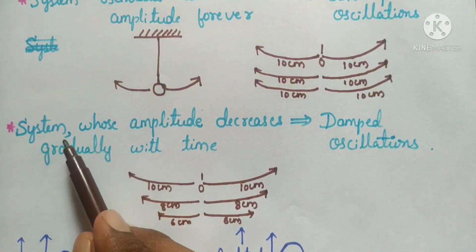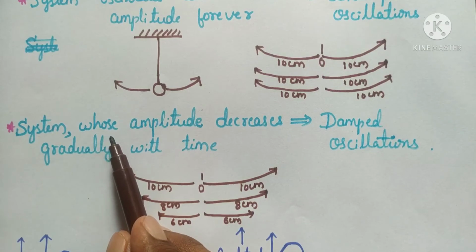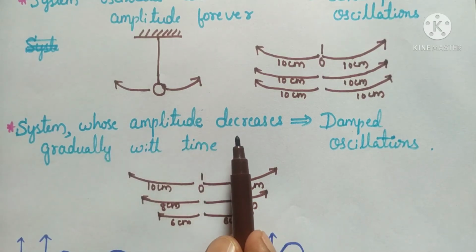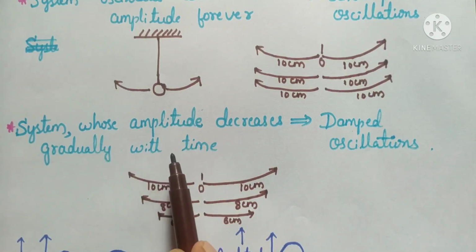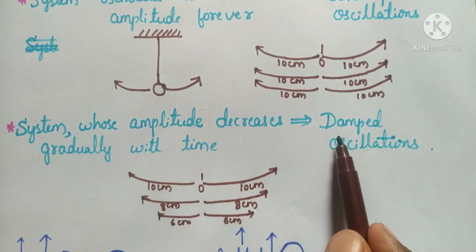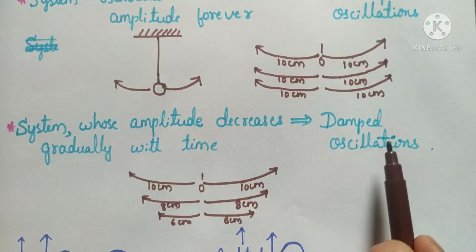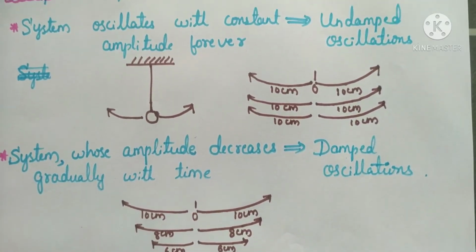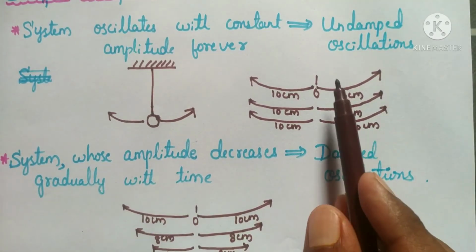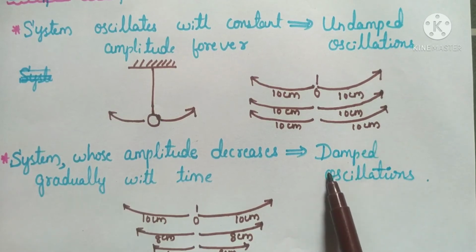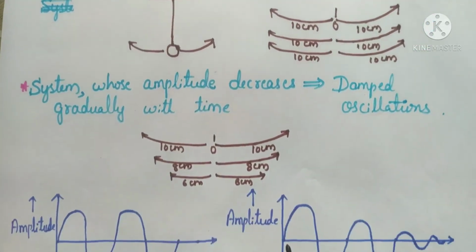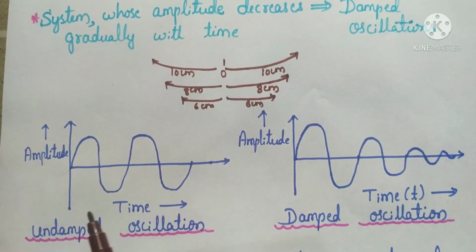That means if the amplitude of a system decreases gradually with respect to time, such oscillations are called damped oscillations. Now if you represent these undamped oscillations as well as damped oscillations graphically, this is a graphical representation for the undamped oscillation.